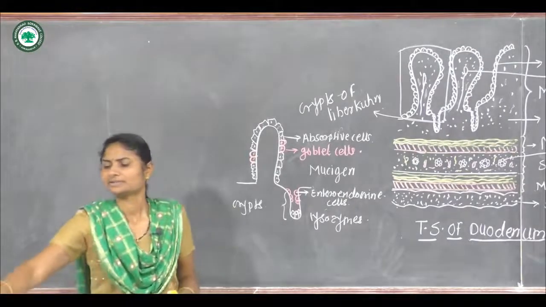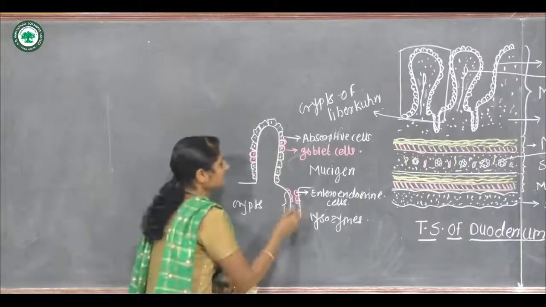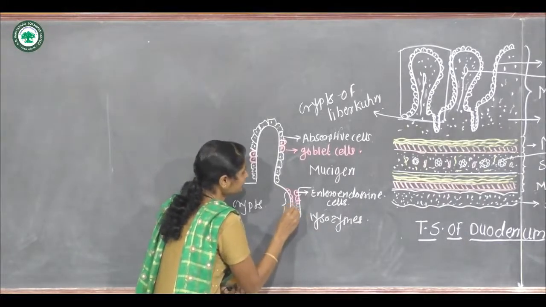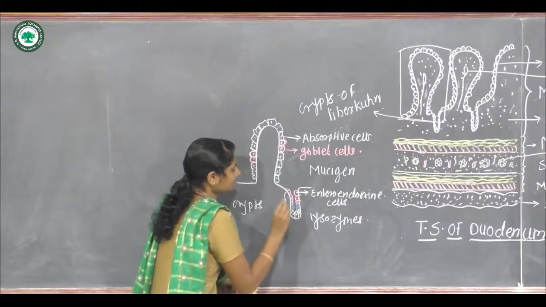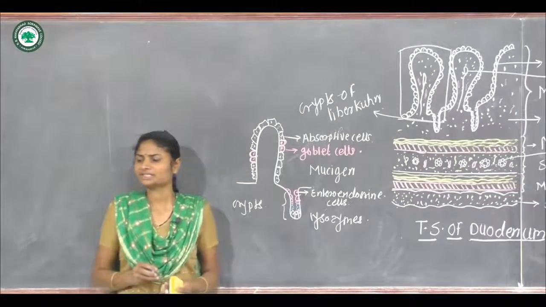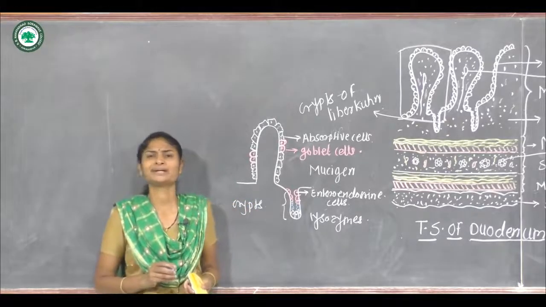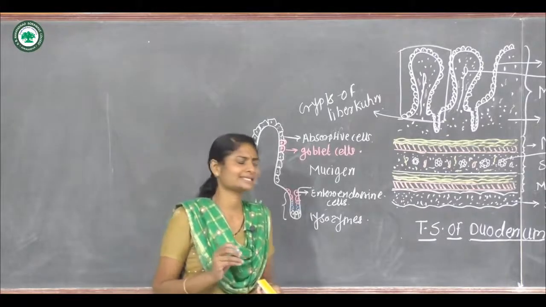Next type of cell is stem cells. Here stem cells are present, and these stem cells give rise to different types of cells.